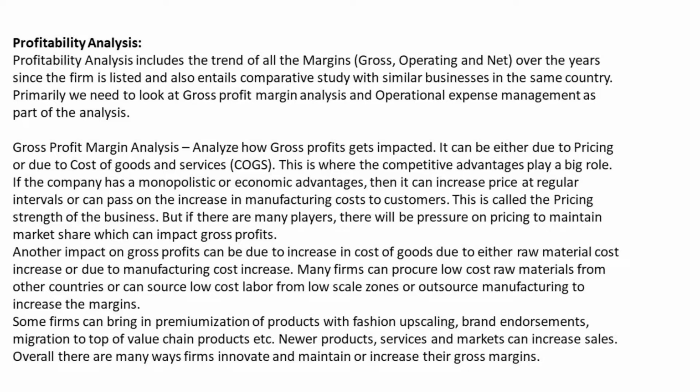There are different ways of increasing sales, and different strategies associated with each, which are different topics we will analyze in detail in later sessions. Overall, there are many ways firms innovate and maintain or increase their gross margins.